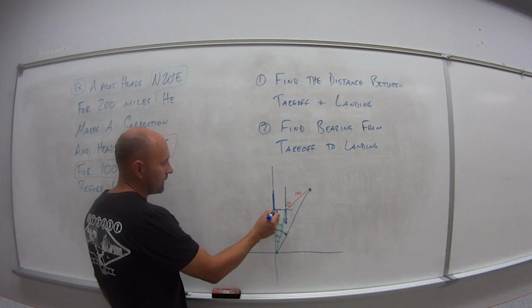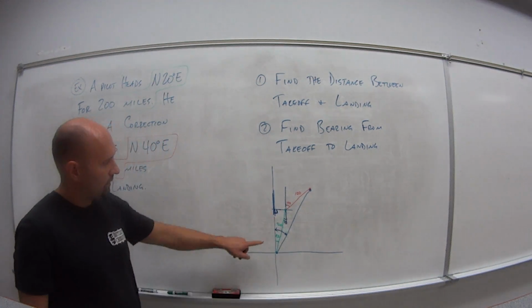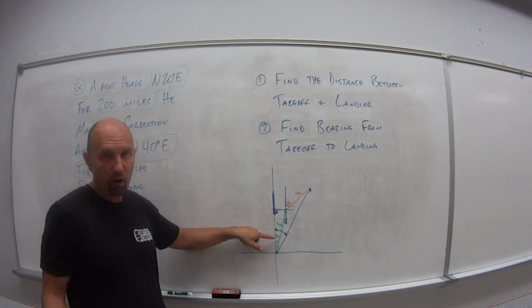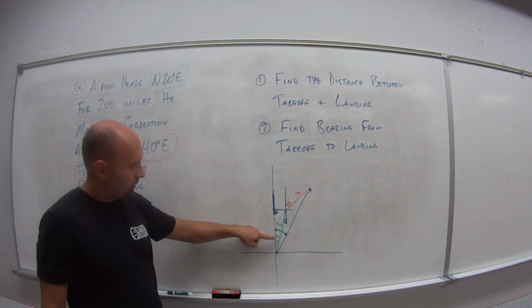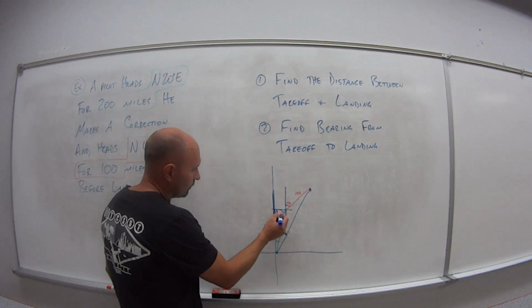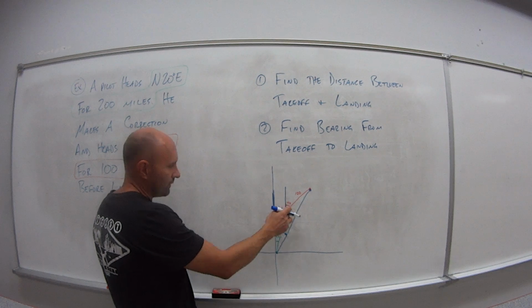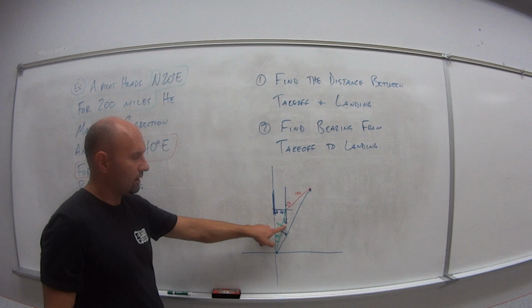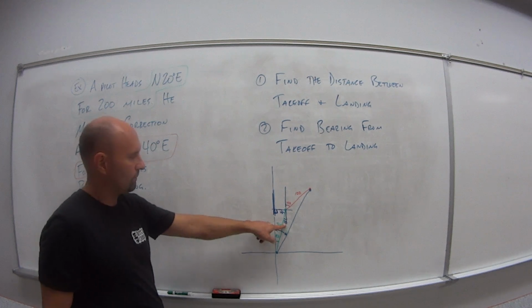I get a 90-degree angle here. So I know that the angles inside this green triangle have to be what? 180. So 90 plus 20 is 110, which means this angle right here would be 70. And because that's also a 90-degree angle, 90 minus 70 again gives me 20 as that angle.